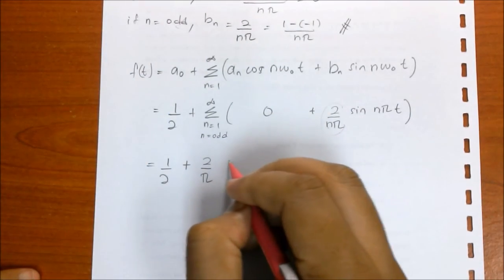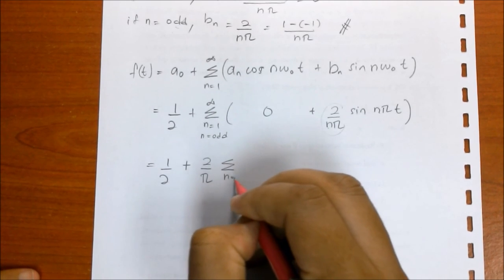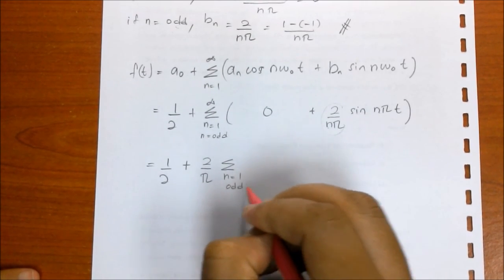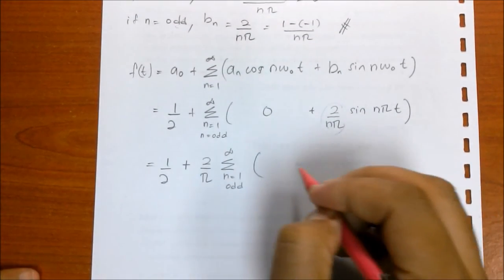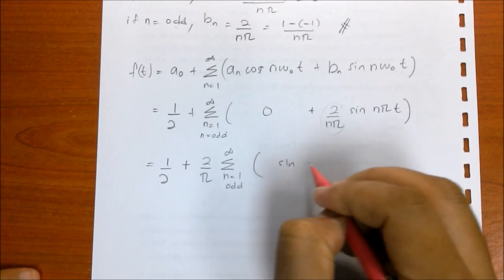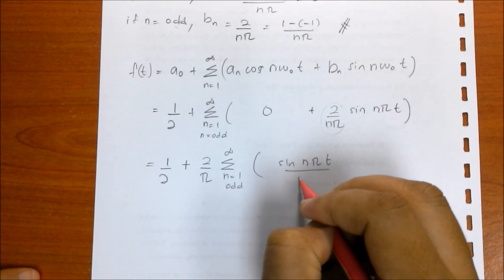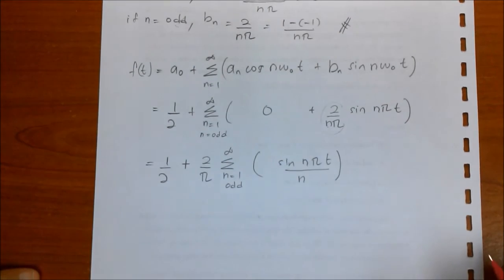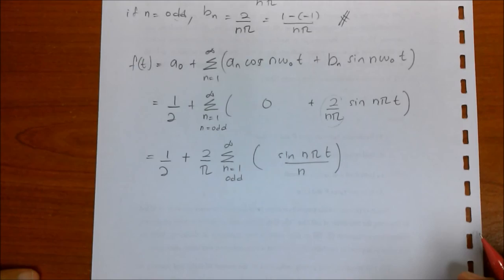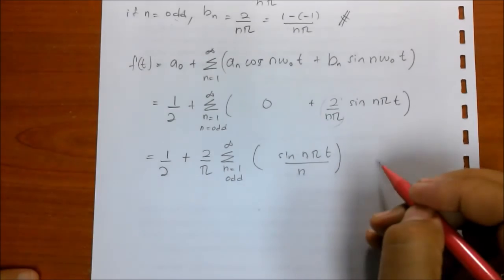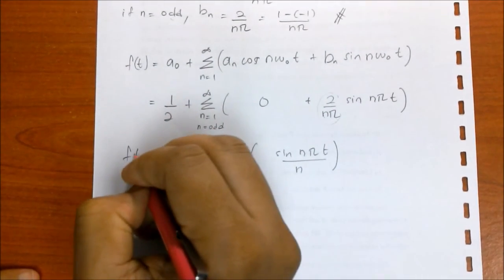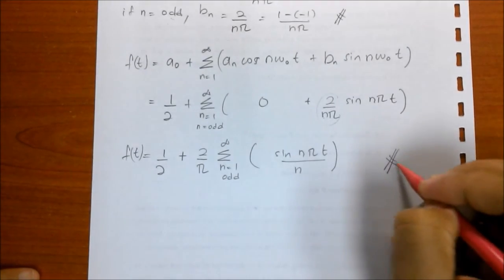So here n equals 1, odd only, sine n pi t over n. Alright, and that is our Fourier series of the waveform.